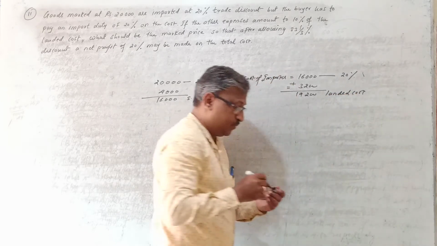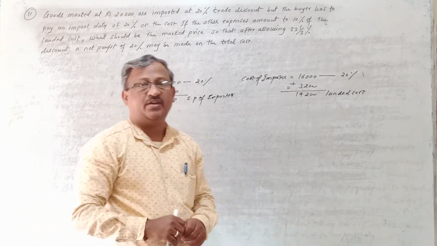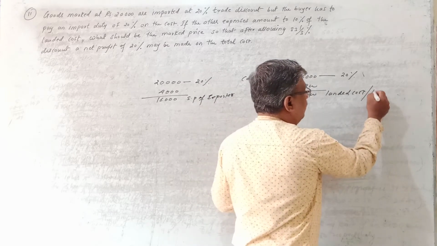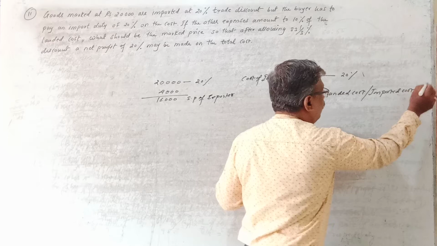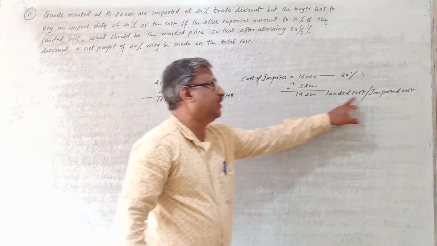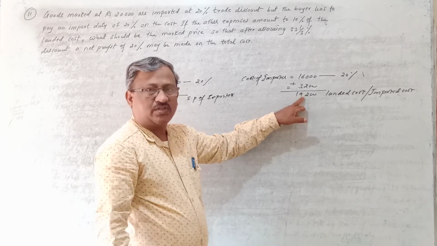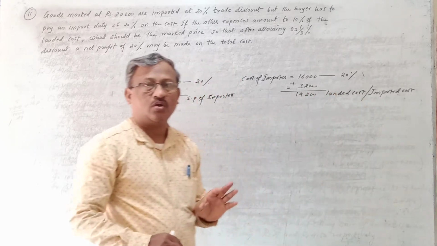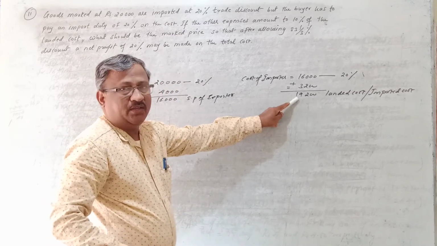Landed cost means to land those goods in his country, it cost him 19,200. Sometimes it is also called the imported cost. So anything you can call here. After adding the import duty, whatever cost comes, 19,200, this is called the landed cost or imported cost. So totally it cost him 19,200.